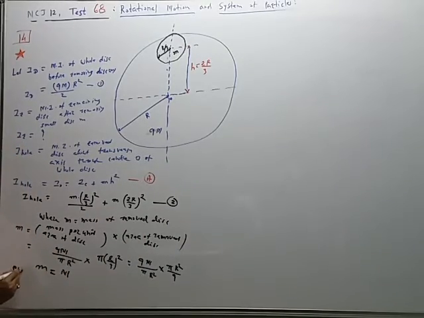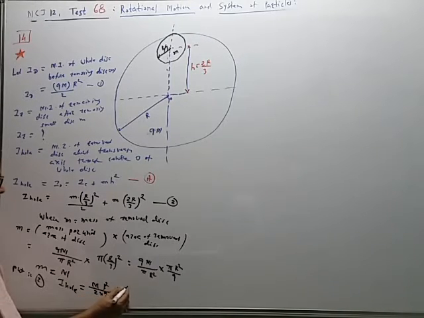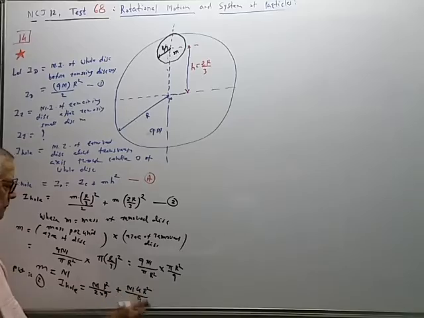Putting this in, therefore I removed is equal to M into R square by 9 into 2, plus M into 4 R square by 9.